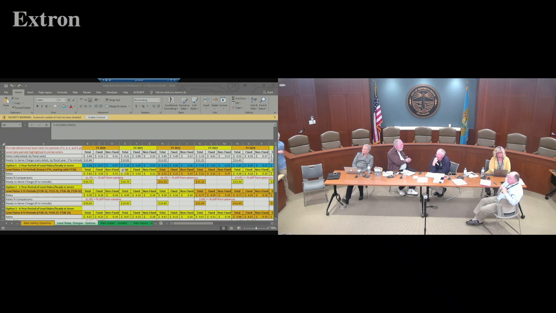So for comparison, in-city I had 3.44 for FY20, 4.21 for FY21. That's compared to 7.14 here for FY20 and 8.68 for FY21.